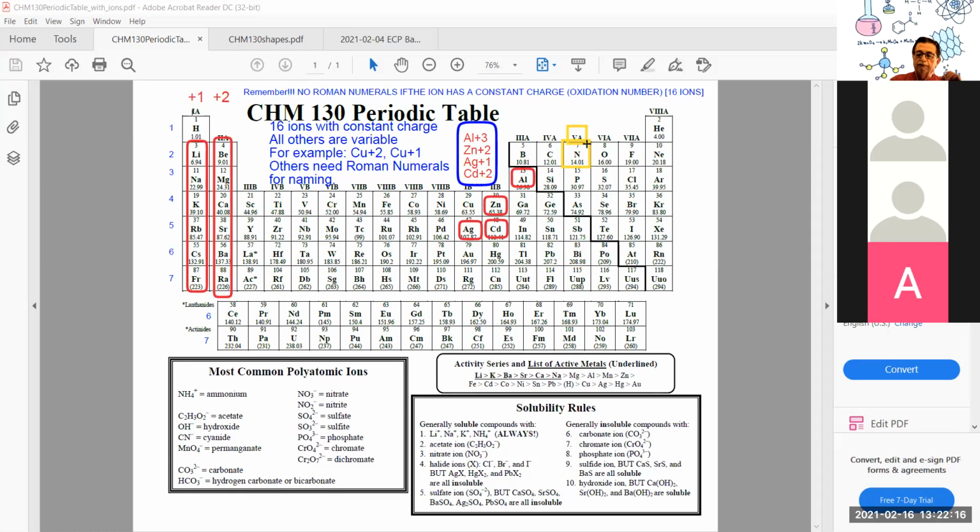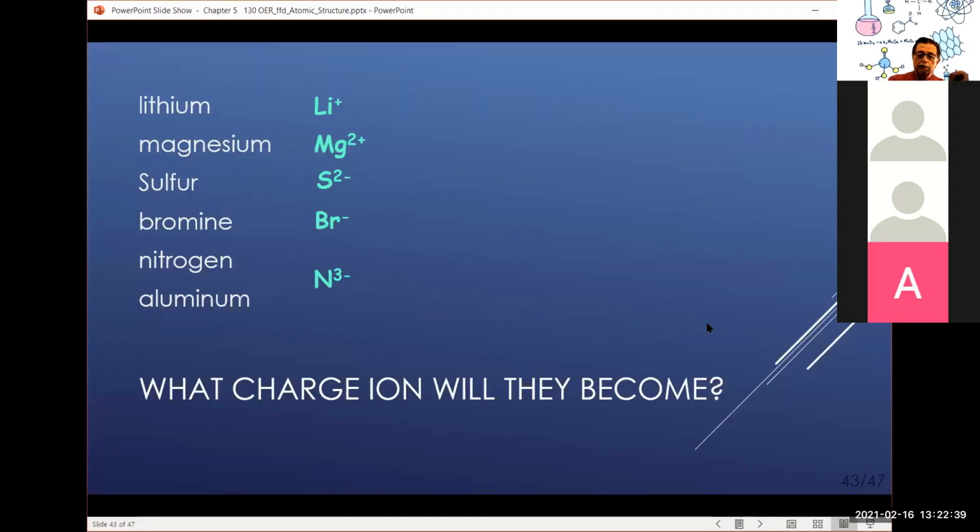That tells you I have 5 valence electrons, so when it becomes an ion, it's going to pick up 3 electrons. Therefore, it will have a negative 3 charge. Nitrogen, negative 3 charge.